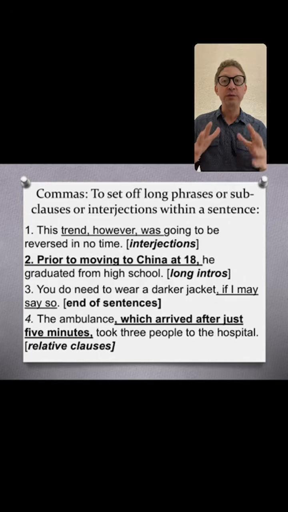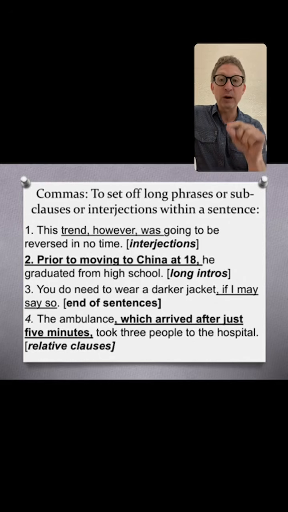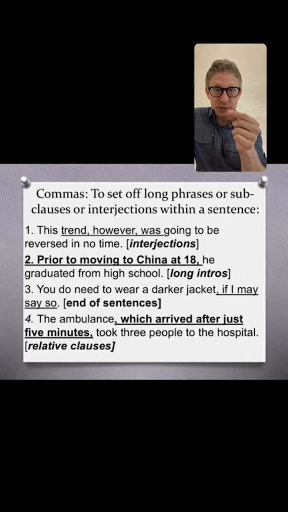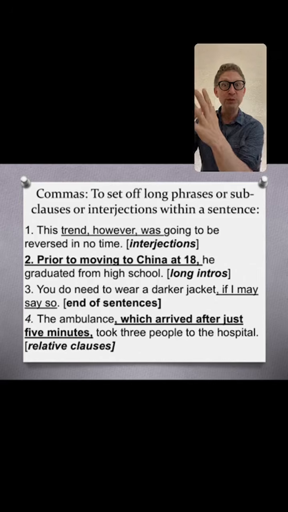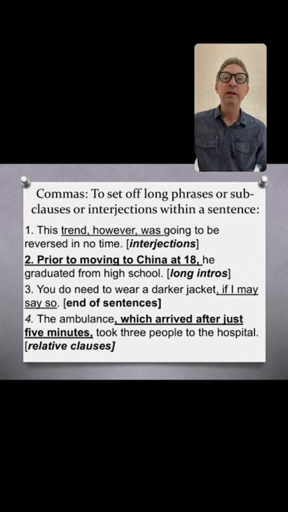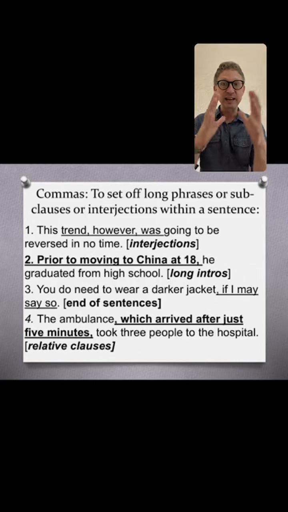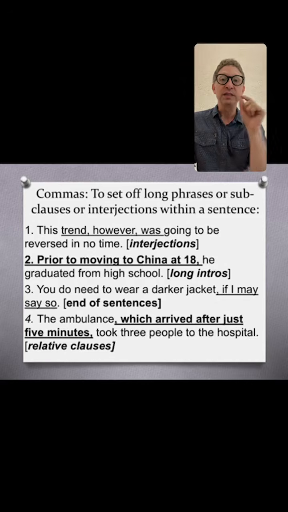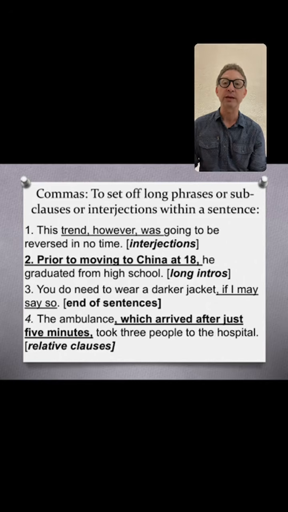So these are not full sentences. Set off means you divide, you set aside, you separate the phrase or clause, subclause, or interjection within the sentence. So that's what you're doing. You're separating them.